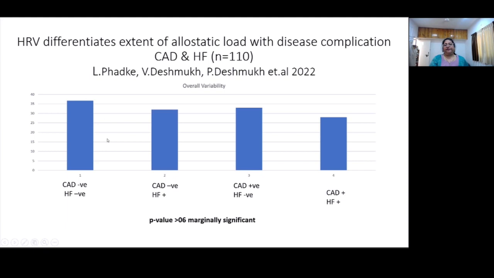Their variability is much better compared to patients having coronary artery disease as well as heart failure. So there is a gradual progression of HRV reduction from the non-complicated to complicated stages.